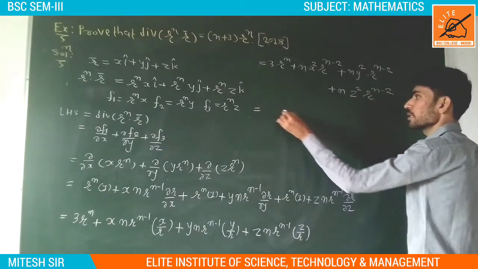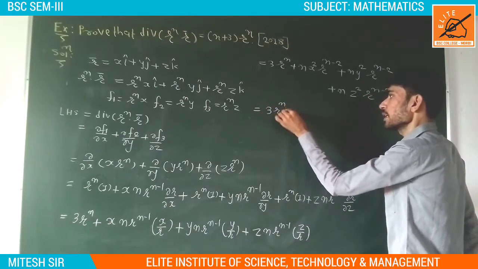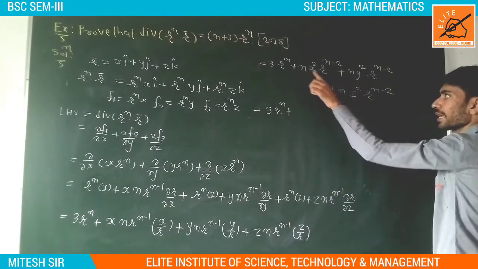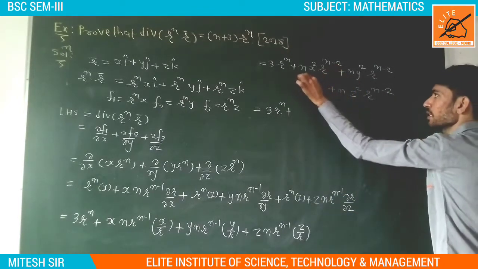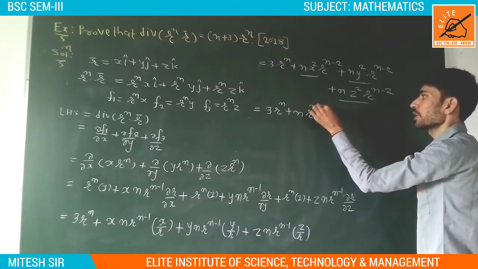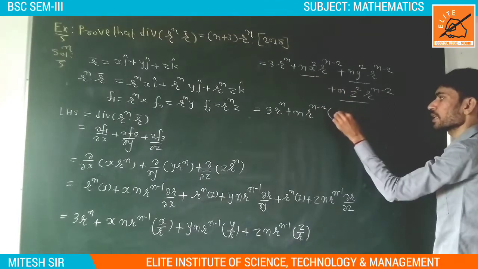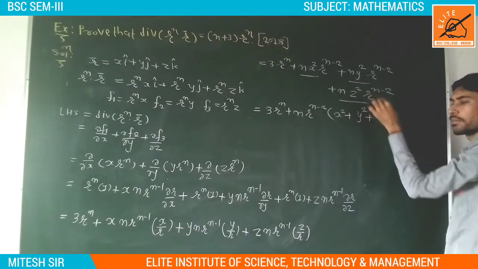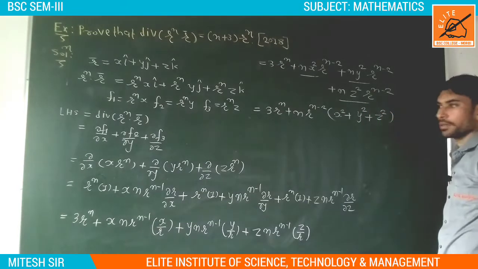Now we just simplify this. 3r raised to n plus, in these three terms take n r raised to n minus 2 outside. So remaining here x square, here y square, here z square.